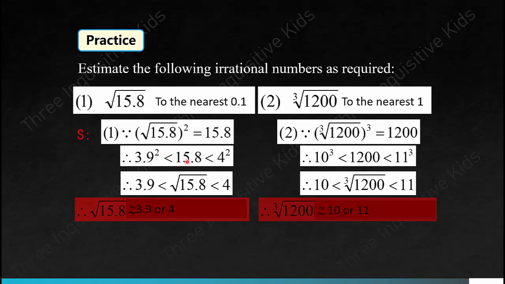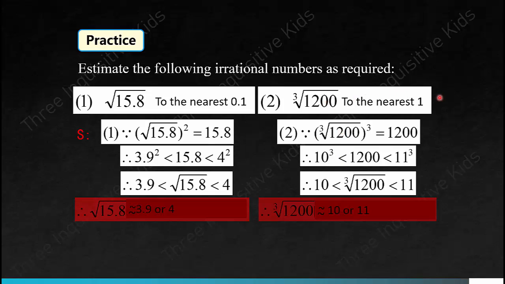Then we know that 15.8 is greater than 3.9 squared and less than 4 squared, which means that the root will be greater than 3.9 and less than 4. So this is to the nearest 0.1. So this is close to either 3.9 or 4.